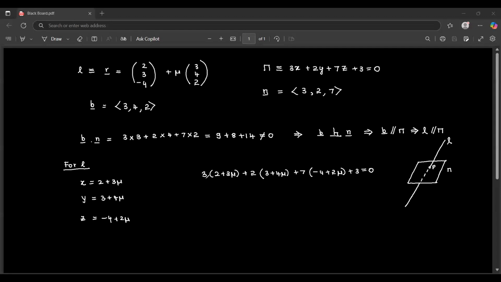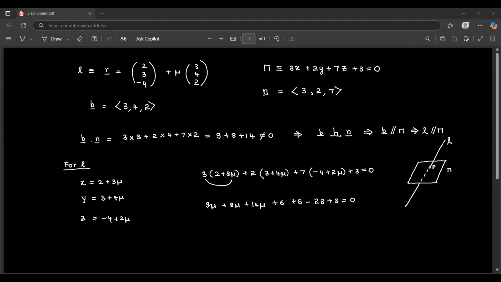So that will be equal to 9 mu plus 8 mu plus 14 mu plus 6 plus 6 minus 28 plus 3 is equal to 0.